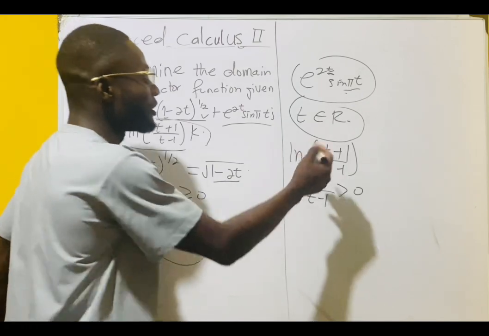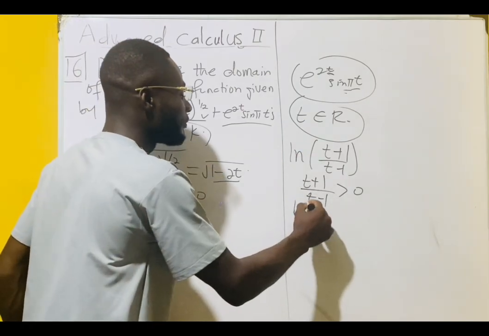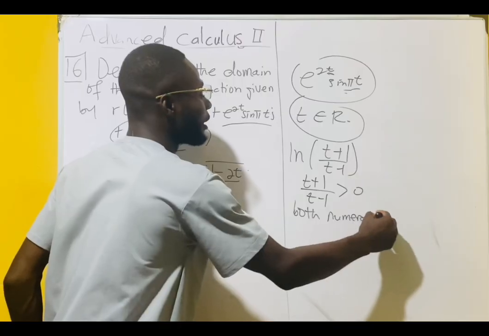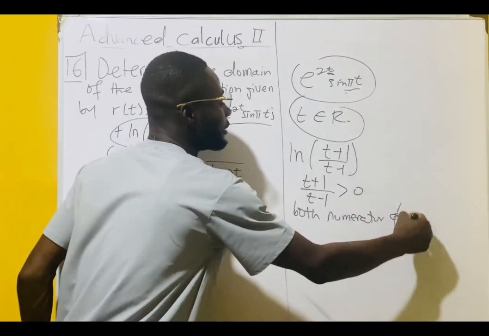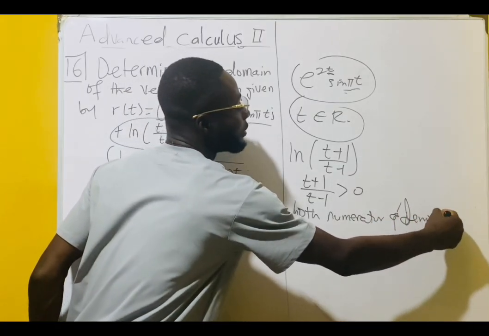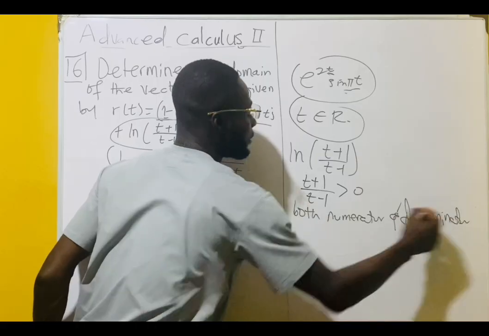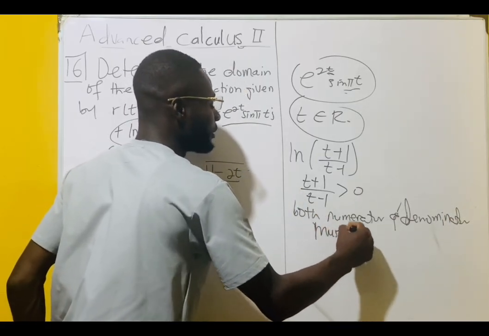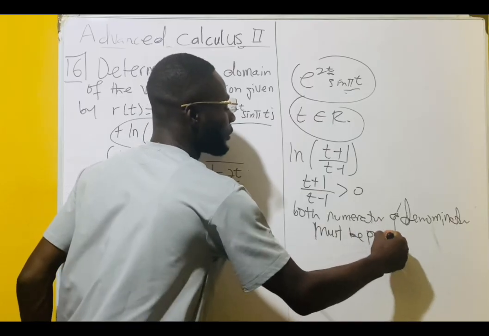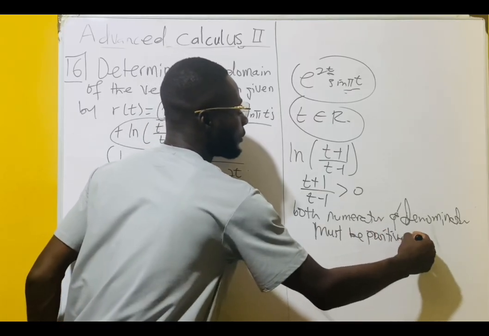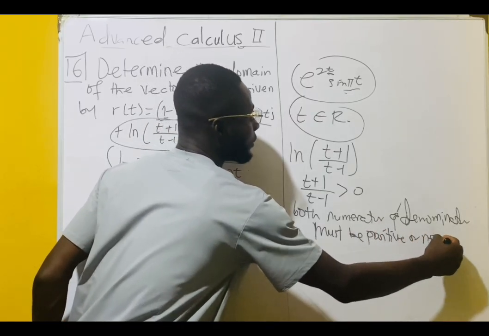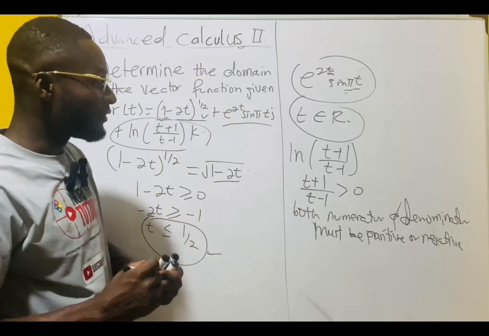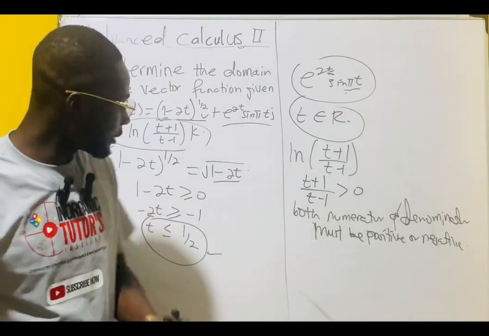So we say that both numerator and denominator must be positive or negative. All right. So if that is going to work, then we can say that.